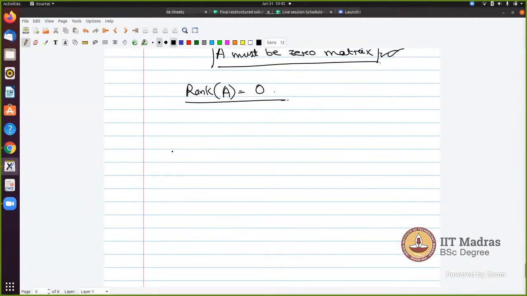Suppose A has some non-zero row. Then there won't be any pivot row, sir. Exactly. Suppose there is one non-zero row. Then after row reduction, some column will be non-zero because there will be a pivot, right? At least some element where there will be a pivot, if there is some non-zero row.